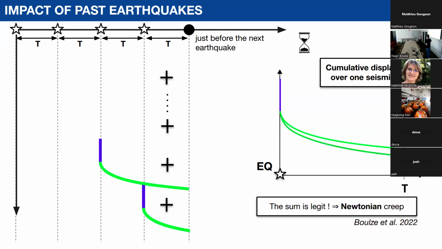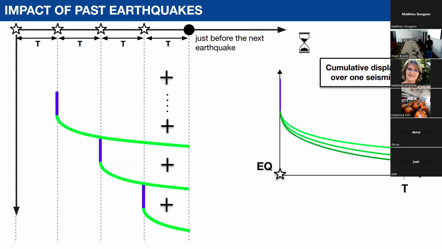And if another earthquake occurred here, we add this deformation. So at this time, the displacement is the sum of this one and this one. And this is the cumulative curve that you are seeing here. And we have the right to sum these different curves, and it comes from results that I will show you briefly later that say that in the asthenosphere, the viscous flow is linear. So you can sum all these processes.